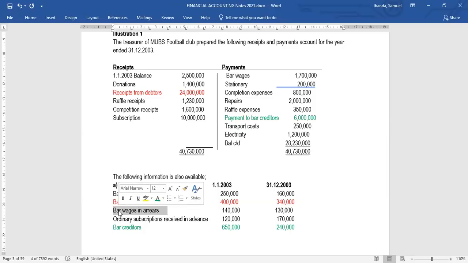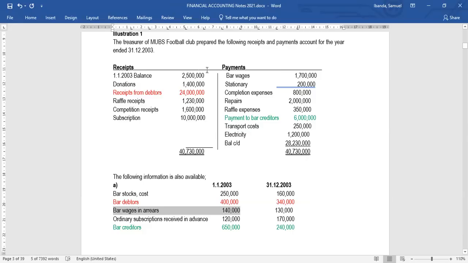Why they are liabilities is that if we have not paid some wages at a given point in time within the financial period, then it means that we have to pay these at one point in time. So they are liabilities. And remember, liabilities have a normal credit balance. So when I go to the bar wages account, I'm going to record these arrears on the credit side, the balance brought down. Why? Because liabilities have a normal credit balance, okay?